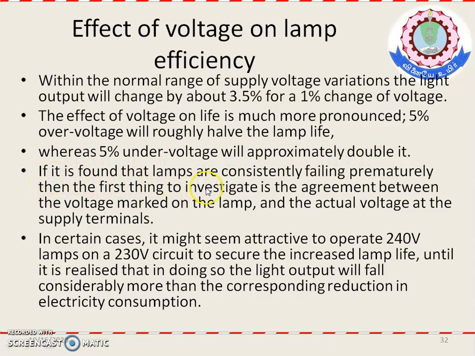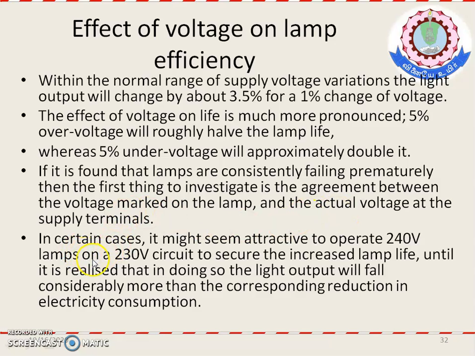If it is found that lamps are consistently failing prematurely, that is before the rated lifetime, then the first thing to investigate is the agreement between the voltage marked on the lamp and the actual voltage we are feeding to the bulb. So that you need to check.